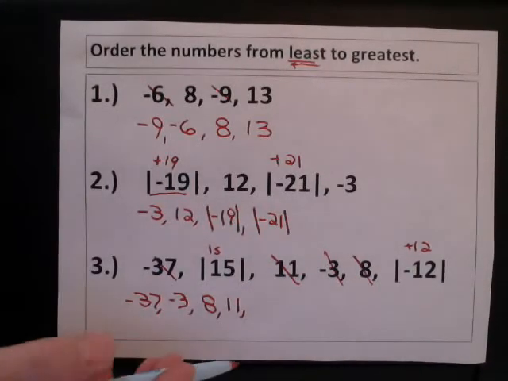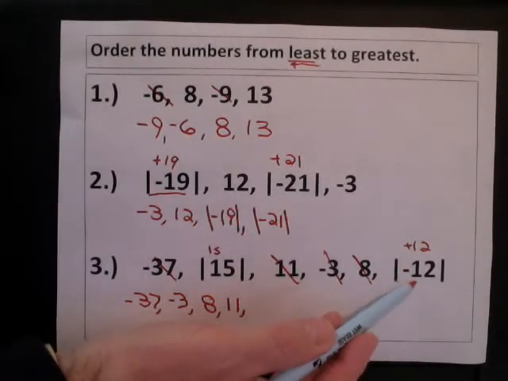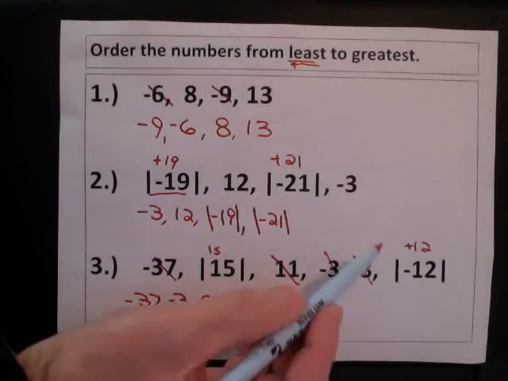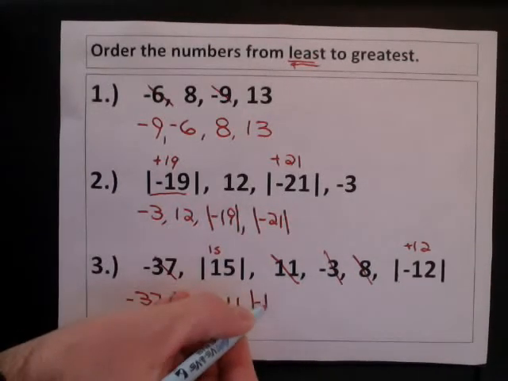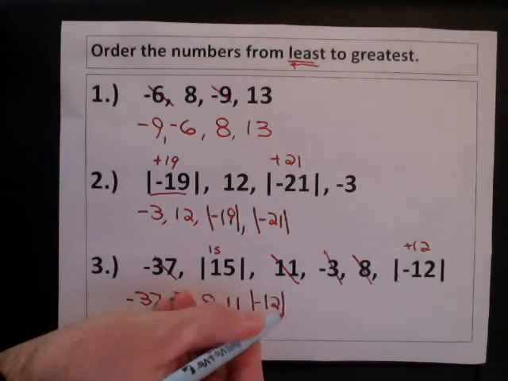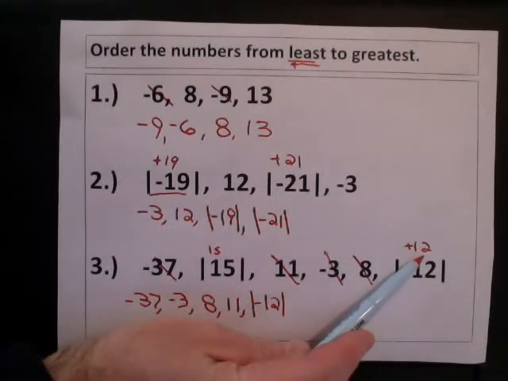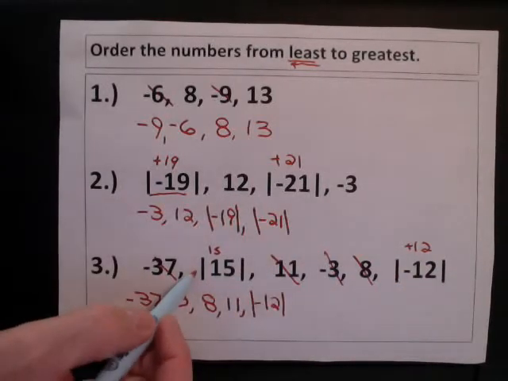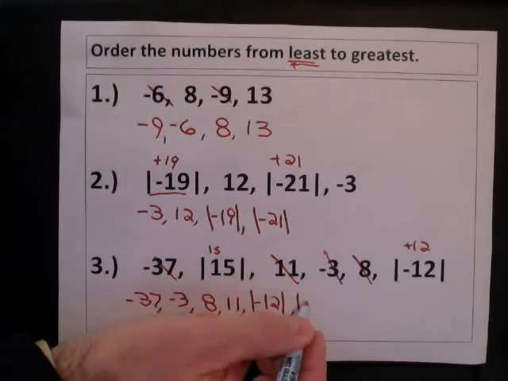And then we have the absolute value of negative 12, which gives us a value of positive 12. So we're going to write that as the absolute value of negative 12, because we know it represents the counting amount of positive 12. And then we have the absolute value of 15.